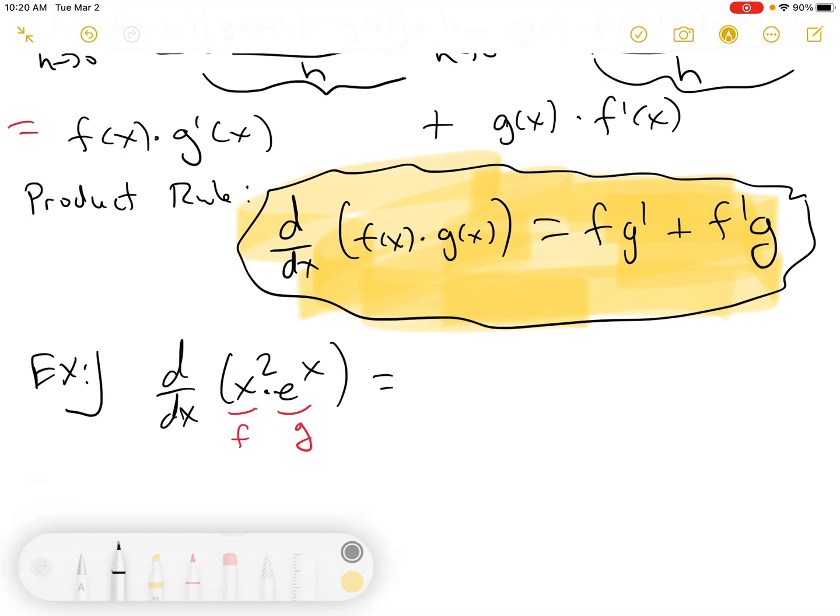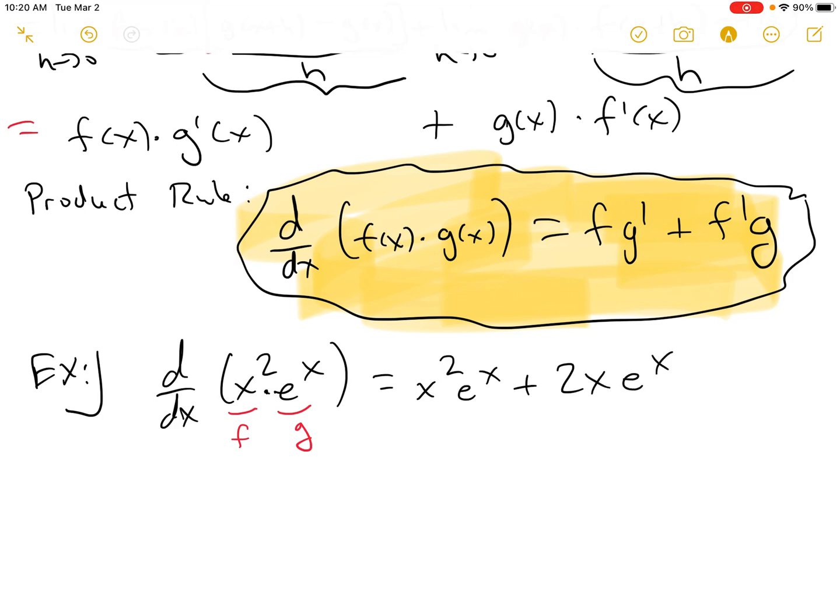Cool. So we have f g prime, which is x squared e to the x, plus f prime g. Easy peasy. Okay.